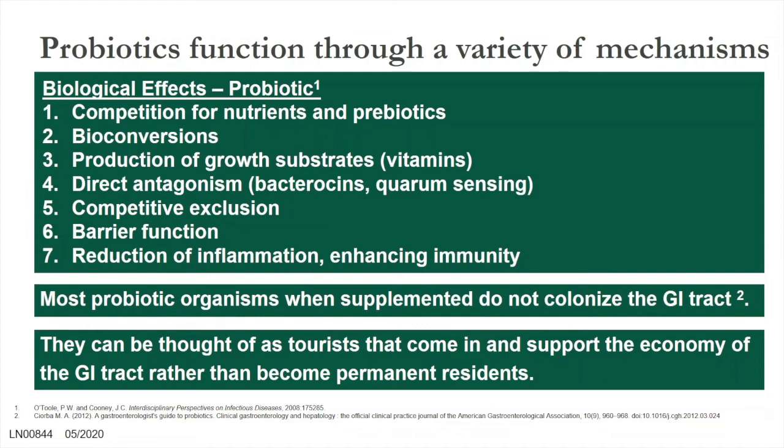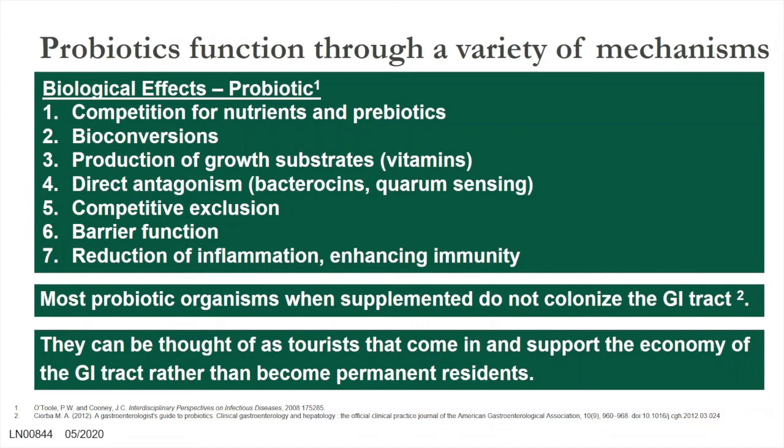Production of growth substrates, so more postbiotics, but these could be very specific vitamins. Different microbes are very important for producing those. Some of them have effects on things like mineral metabolism. They can have direct antagonism effects on other microbes.